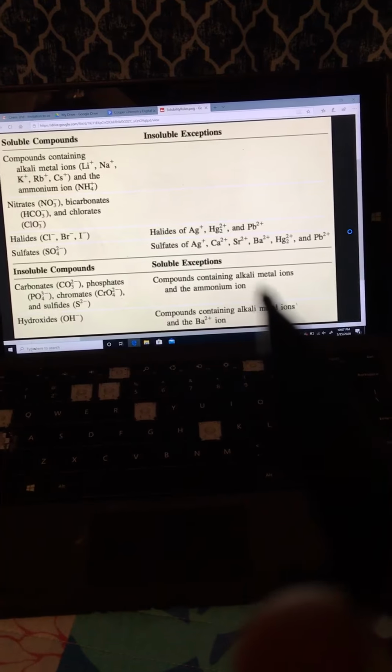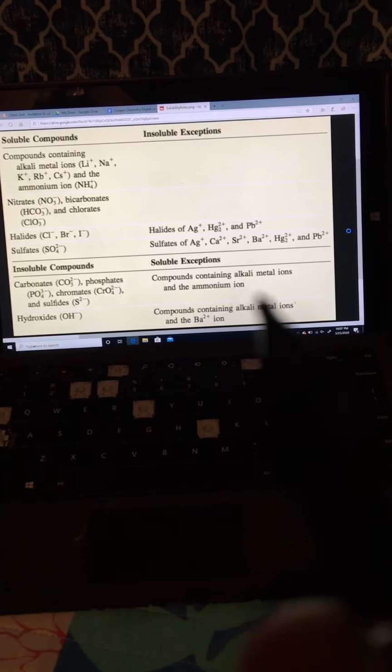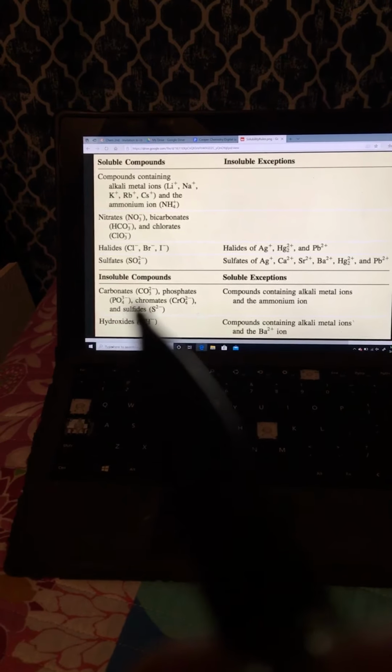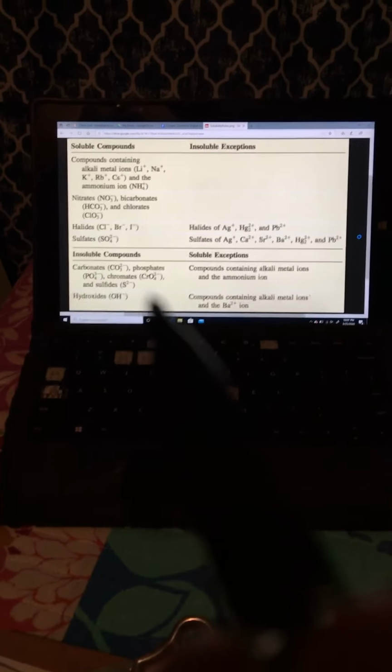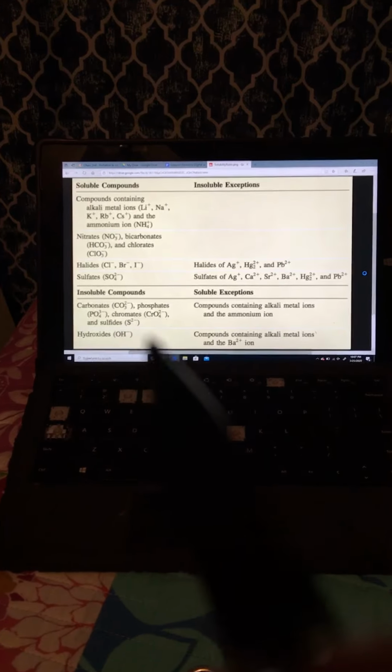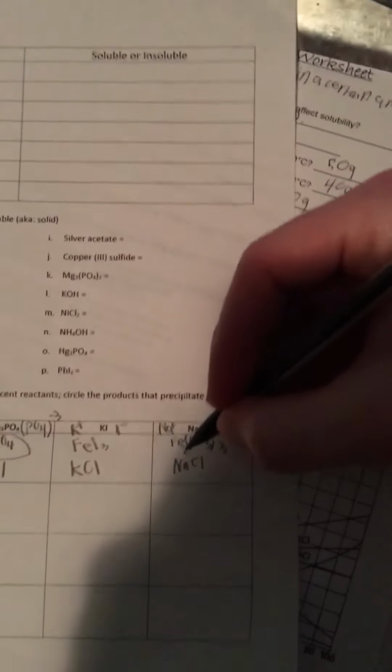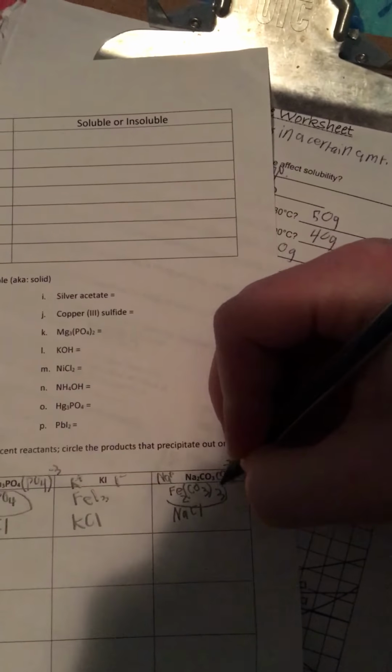Is iron either of those things? Is iron an alkali metal? No. Iron is also not ammonium, so we know that since carbonates are insoluble compounds, this is an insoluble compound, and we can come down here and go ahead and circle this.